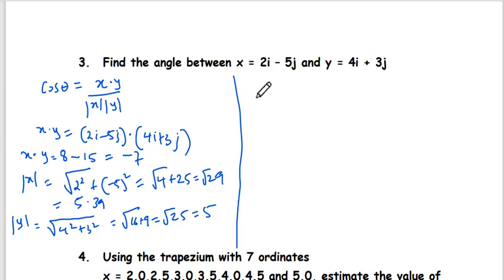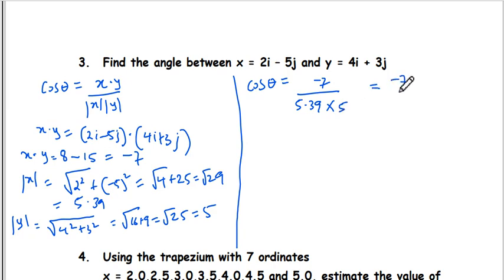So applying our formula, we have cos theta equal to x dot y, which is minus 7, remember, divided by modulus of x, which is 5.39, multiplied by modulus of y, which is 5. That gives us minus 7 divided by 5.39 times 5, that's 26.95. So cos theta is equal to minus 0.26.